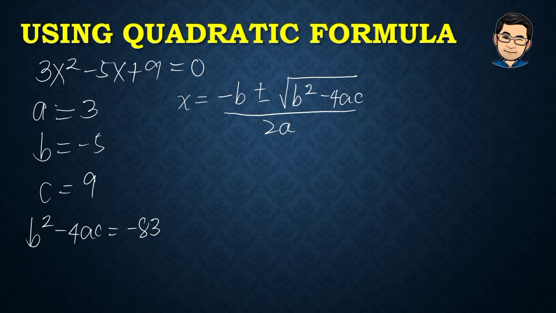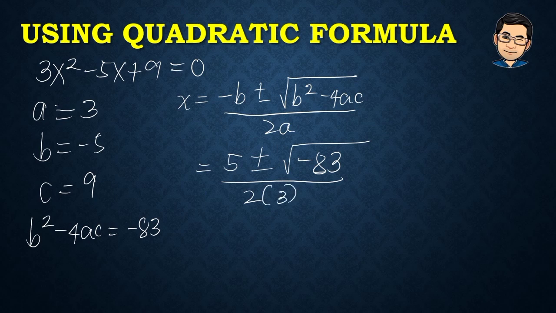So, negative b, that is magiging positive 5. Okay, kasi may negative yung value ng b natin, plus minus the square root of negative 83. Okay, all over 2 times 3. 5 plus minus the square root of negative 83 all over 6.